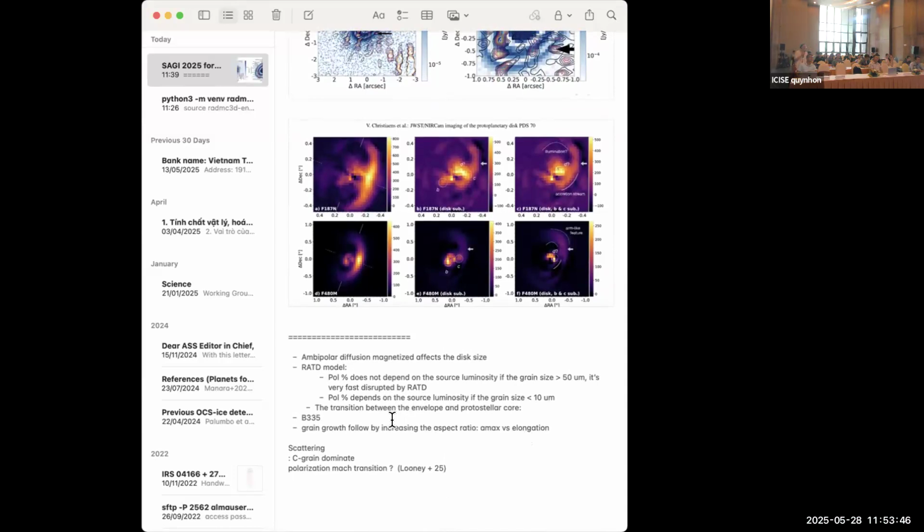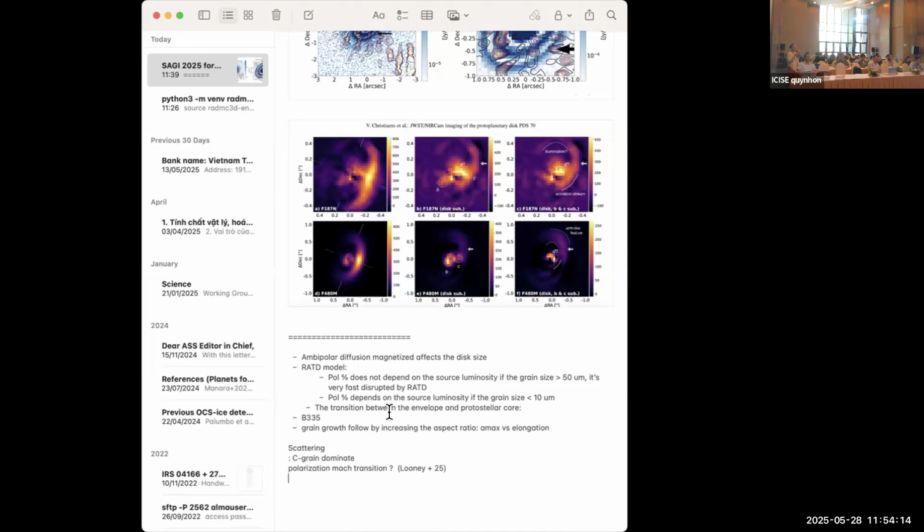So we listened about the bipolar diffusion, magnetized effects, the disk size, and also the RASD model. There were several things that we discussed, but here I just caught some of them. The one I want to pay more attention to is the polarization percentage depending on the luminosity of the source.